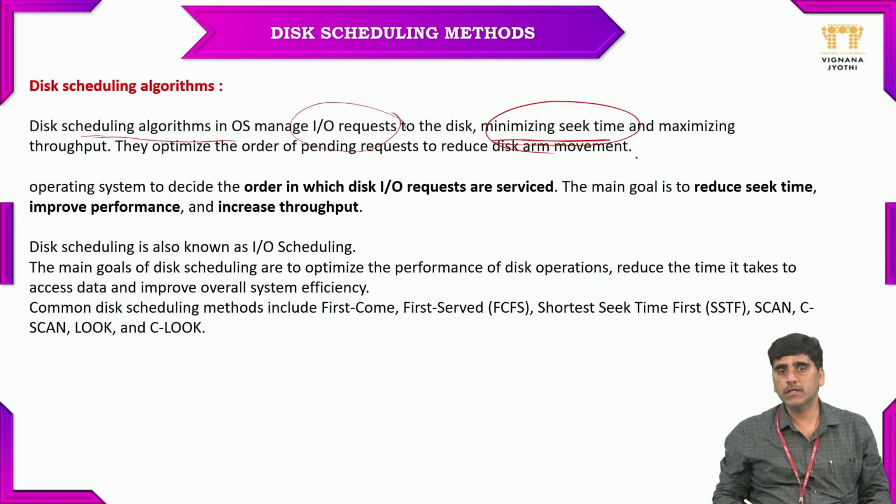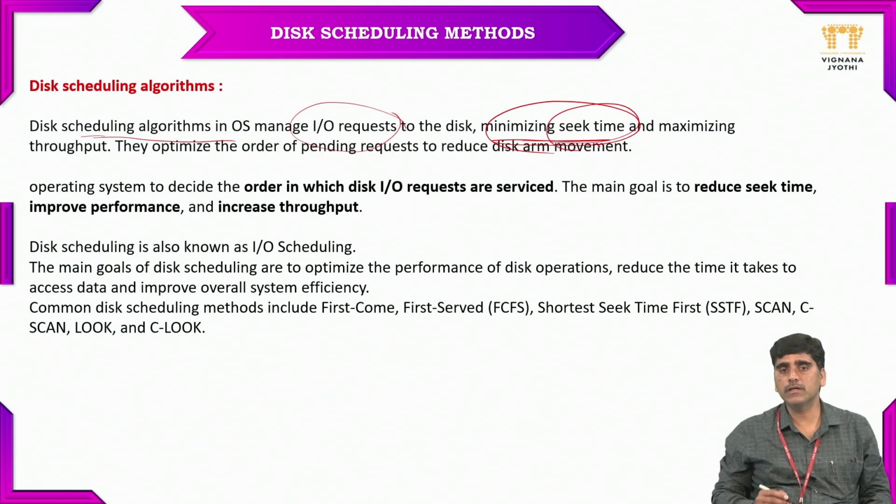Seek time is nothing but the searching time or movement time. The disk arm contains the disk head, and that disk head processes the movement for the read and write operations. How it moves, at what time it moves, and how much time it moves to trace the read or write operations, that is the seek time.